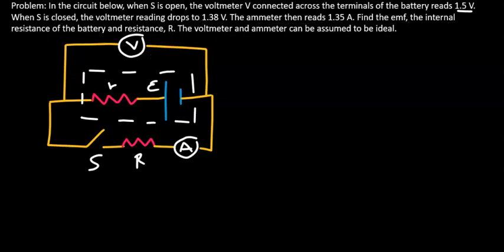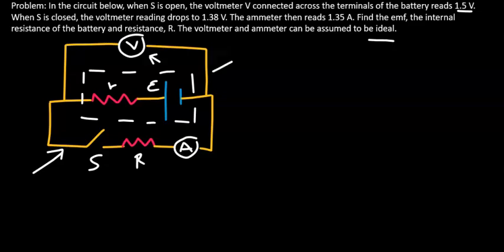Let's deal with the first piece of information. A voltmeter measures voltage. It has very high resistance, and if it's an ideal voltmeter, you can assume there is no current passing through it. So when the switch S is open, this lower part of the circuit doesn't contribute.